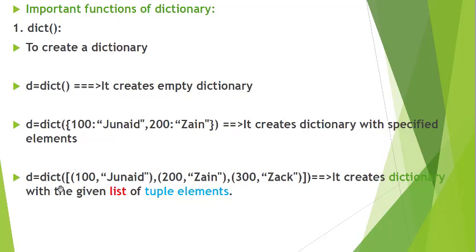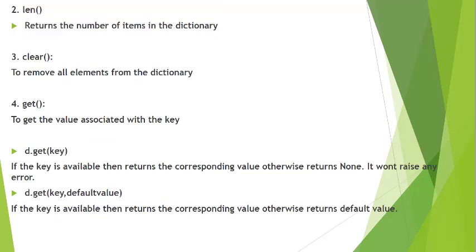Okay, so you have a list, this is the bracket, and this is the end of the list. If we have three elements, 1, 2, 3, and these three elements are themselves tuples, like 100 and its value, then 200 and its value, and 300 and its value, it creates a dictionary from the given list of tuples.